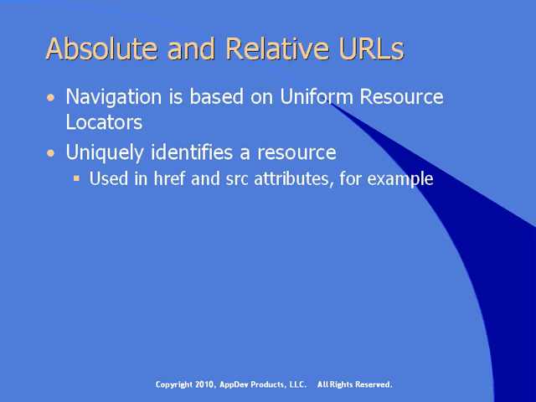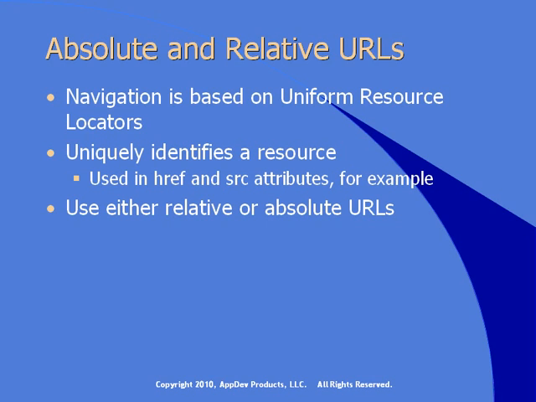You see those throughout any kind of application. You also see these throughout web pages because they're also used in things like href and source attributes of an image or various other kinds of components. But the issue is that you can express URLs as either relative or absolute.